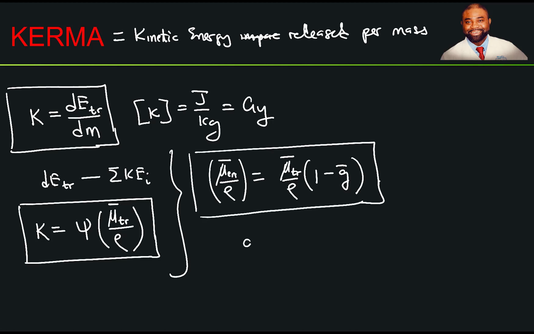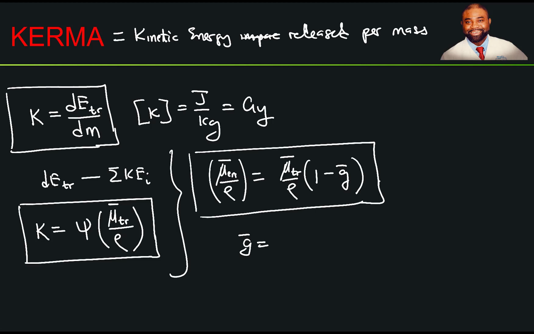The constant g bar represents the average fraction of the electron energy loss due to radiative processes.